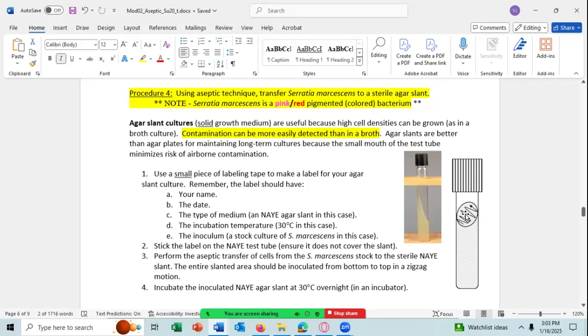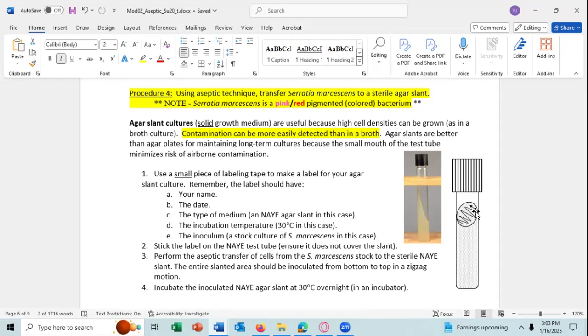and then your growth should grow on the streak. And if ever you see a region which is not pink, like this region right here, you know that region right there is a contaminant because Serratia marcescens should appear pink. So determining contamination is much easier when you have growth on a solid media because you can actually see the colony.